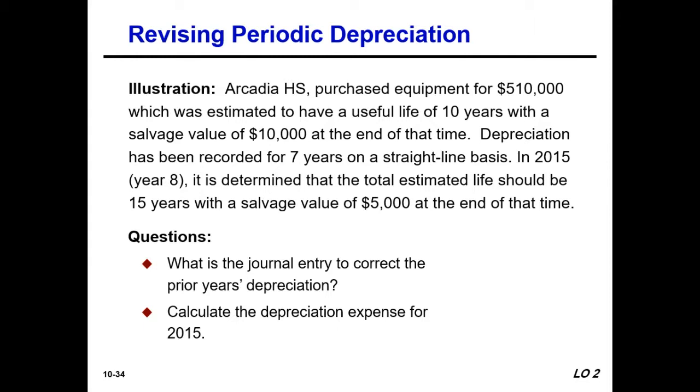Now, in 2015, year 8, it is determined that the total estimated life should be 15 years with a salvage value of 5,000. And the question says, what is the general entry to correct the prior year's depreciation expense?